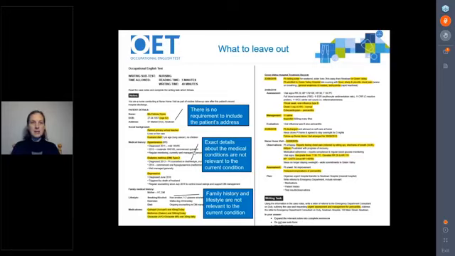Details about the patient's family history and lifestyle have been omitted because they are not relevant to the current condition. And then on the second page of case notes, we can see that some details from the treatment record have been left out as they are now non-critical details.